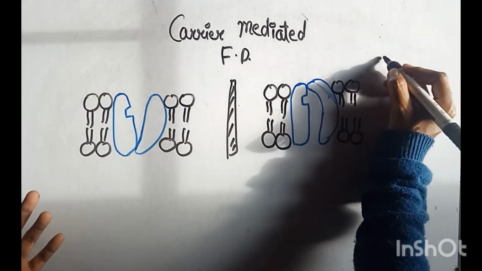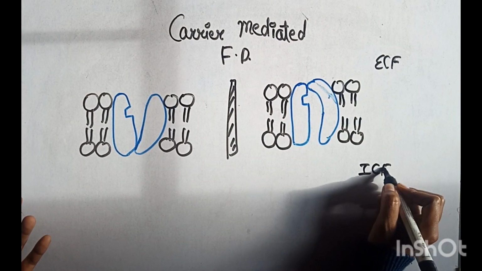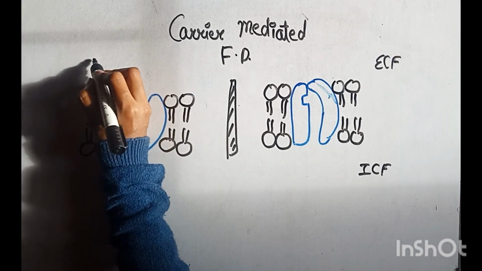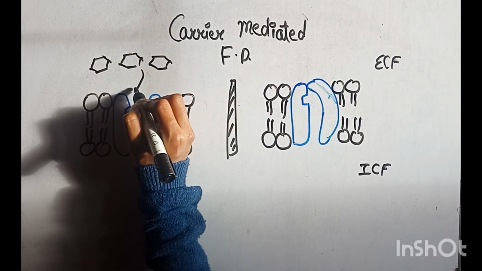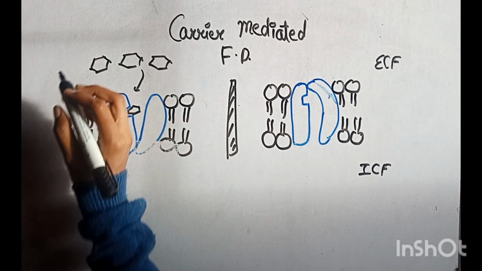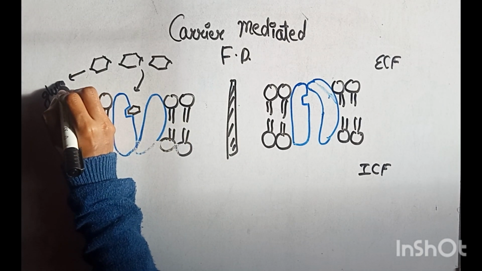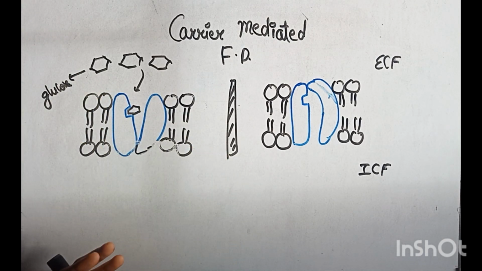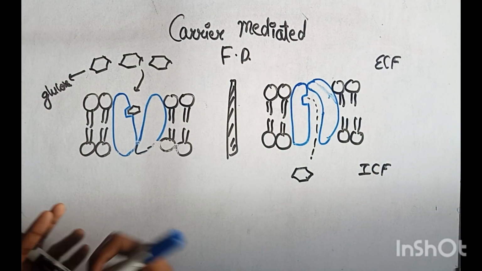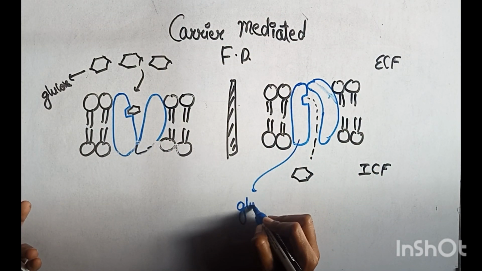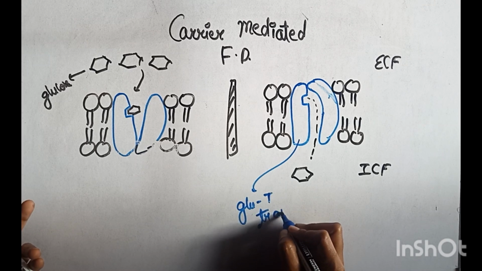In the extracellular fluid and intracellular fluid, in the first condition, glucose molecules bind to this protein on this first side. Then the transporter undergoes a shape change, and the glucose molecule enters.